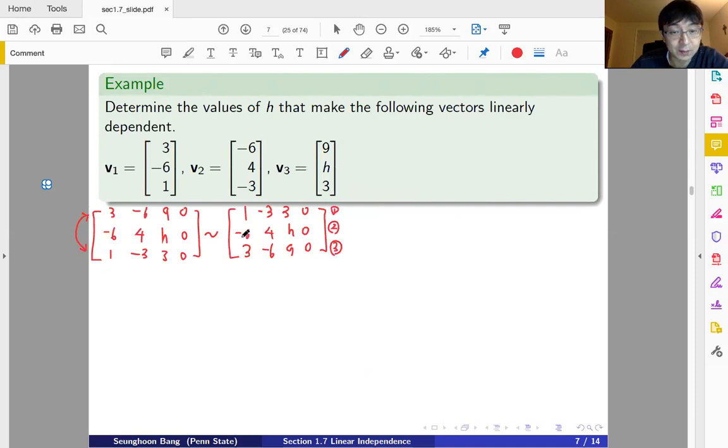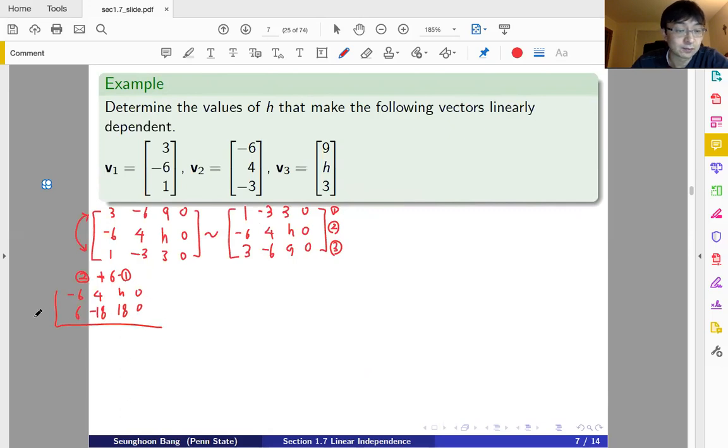We have this one. Next, this is the first row, second row, third row. I can eliminate the -6. The second row plus 6 times first row. The second row is -6, 4, h, 0. Add 6 times the first row: 6 times 1 is 6, 6 times -3 is -18, 6 times 3 is 18, and 0.